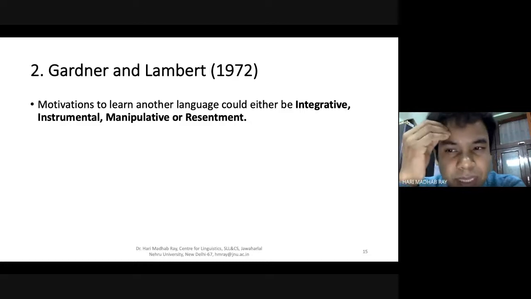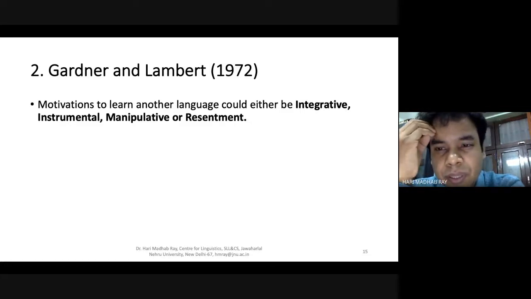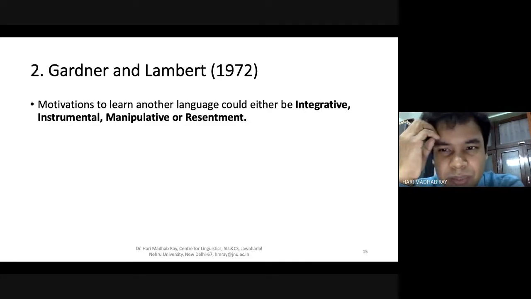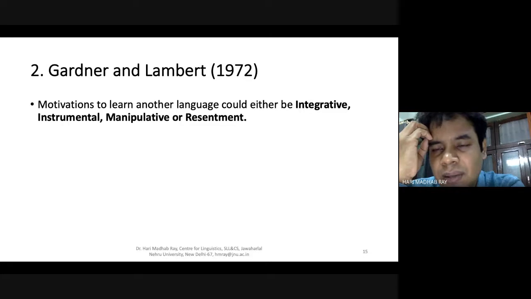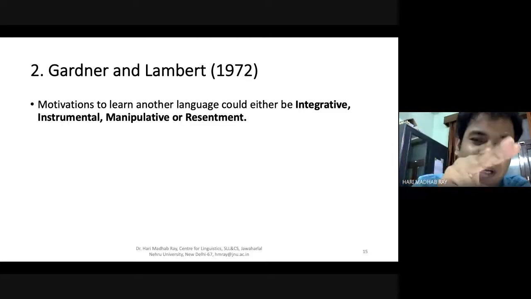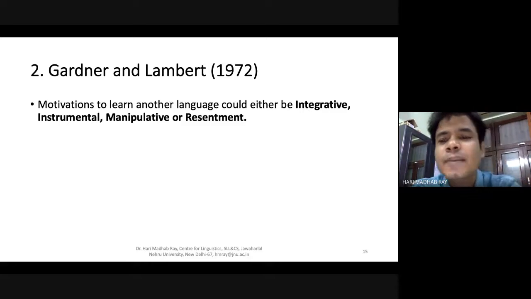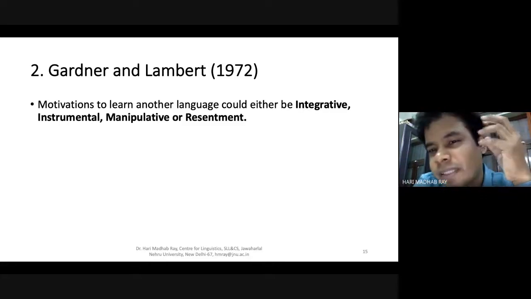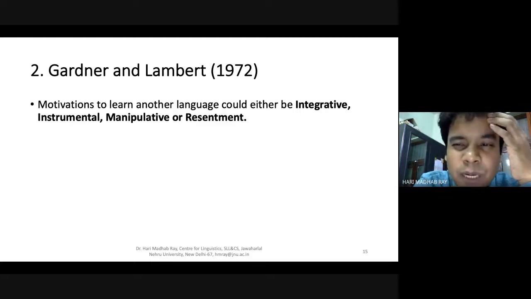And what is integrative motivation, as well as instrumental motivation? Manipulative or resentment. So integrative motivation, if you know it, well and good. Otherwise, I'll just tell you briefly. Integrative motivation is something like, let's say you are going to USA and you will be staying there, and you want to be part of their speech community.